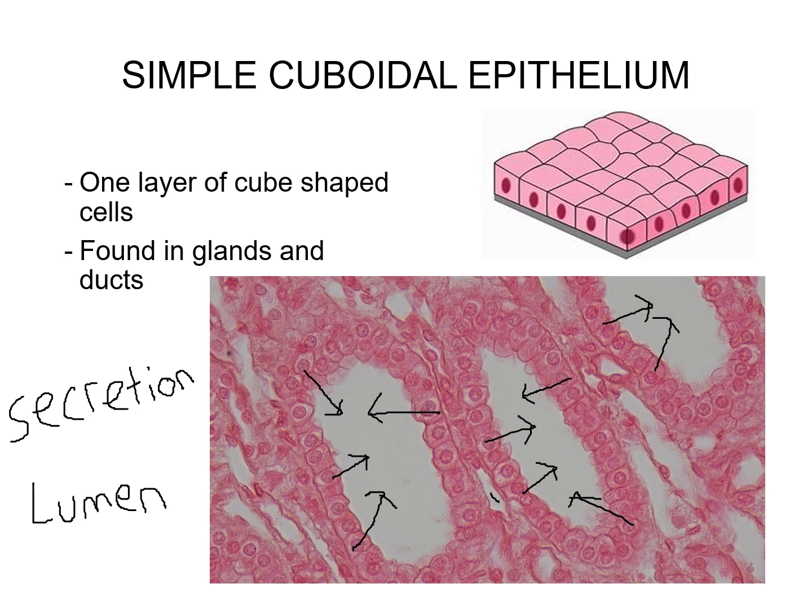So main function is diffusion, just like simple squamous, but we're also adding this second piece to it that makes it kind of unique, secretion. Helps secrete stuff into that space called a lumen. We'll talk a lot about simple cuboidal next semester when we get to the kidneys. Kidneys have a lot of cuboidal-like cells inside of them.